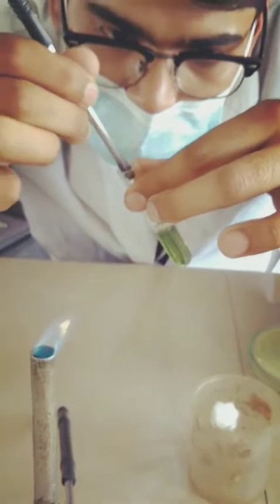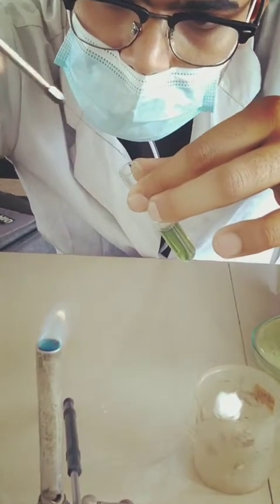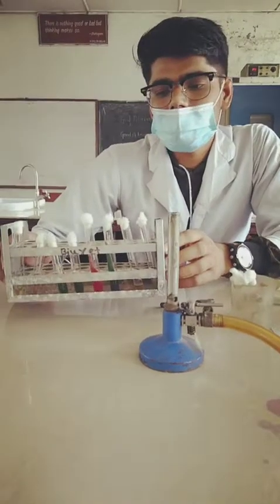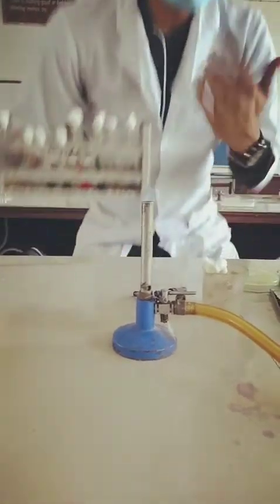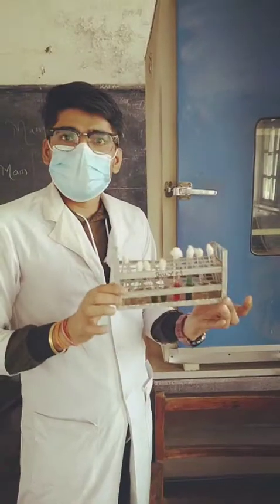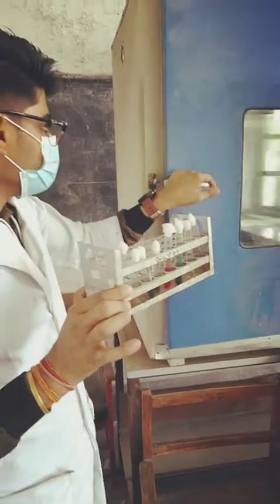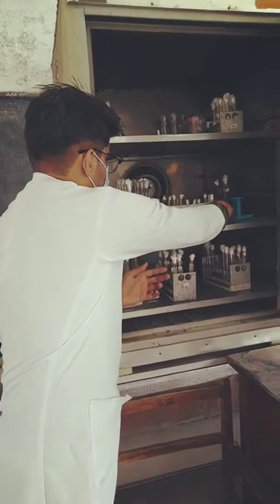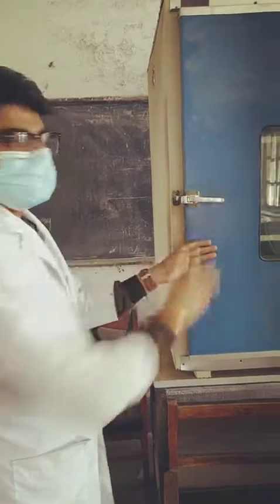Stab it like this. Okay guys, so we have stabbed it. Now let's go for the incubation here. So again we are going to incubate it in our incubator. Now let's wait for 24 hours.